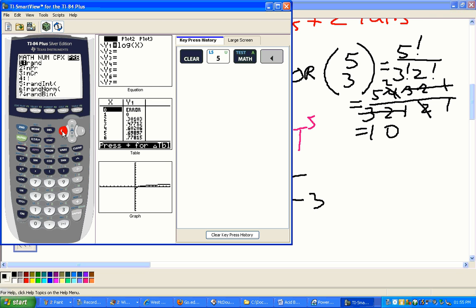We're going to go to probability, nCr, and you can see it figures that out for me without going in with all the details.